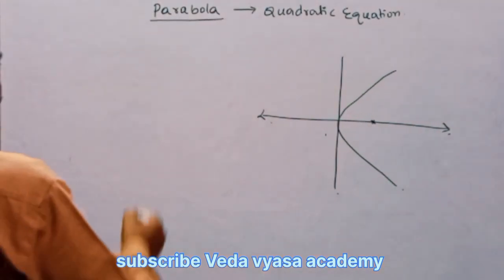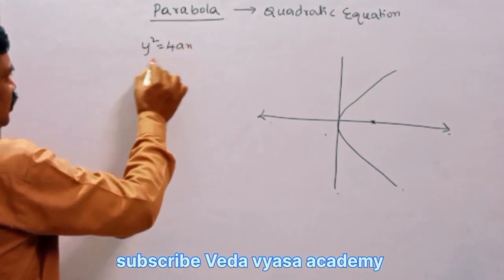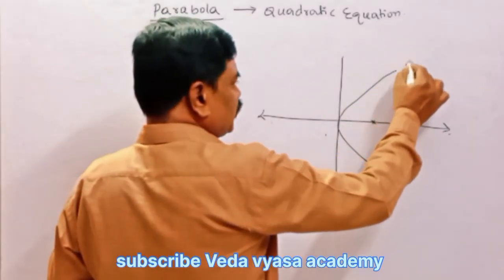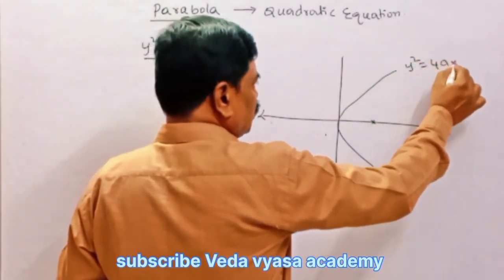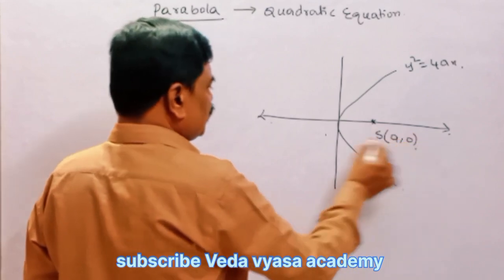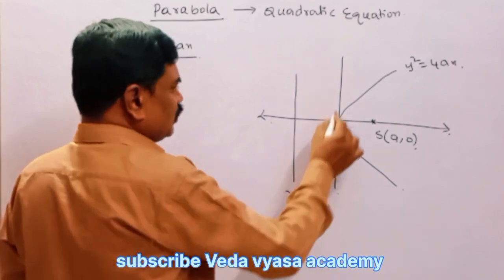Here, y square is equal to 4ax is the curve, a parabola. The focus is S (a, 0) and the directrix is x plus a equal to 0.